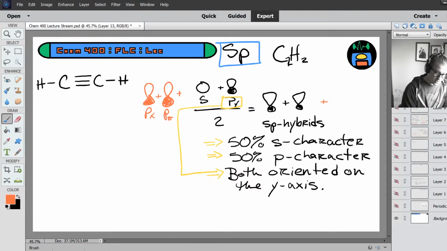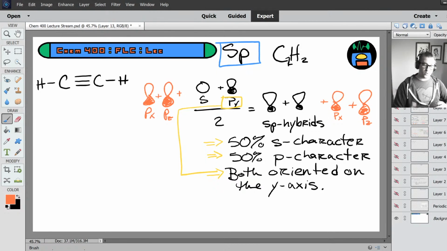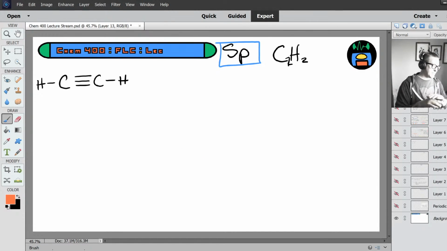So we still have those two orbitals in play, an unhybridized px orbital and an unhybridized pz orbital that we can use to form bonds, to engage in bonding. All right, now let's take a look how this plays out when we start looking at the orbital overlaps for this molecule.